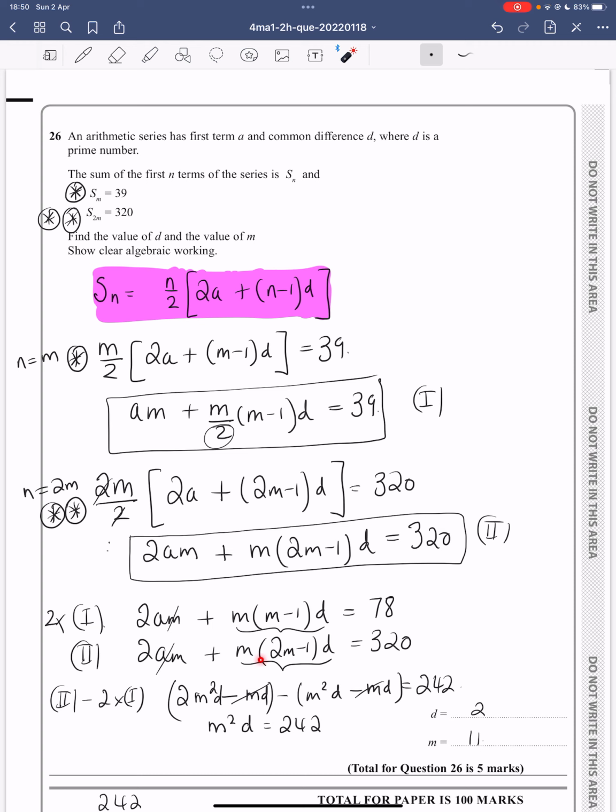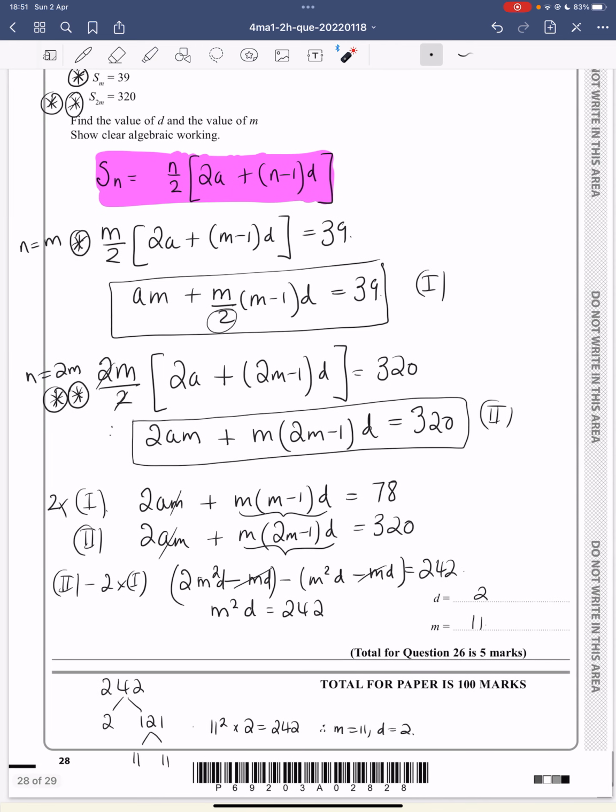And we've got 2m squared d minus md on that side, minus m squared d, minus md there is 242. And if we look here, we've got minus md there, and minus minus makes a plus md there. So they cancel. So we've actually ended up with m squared d is 242.